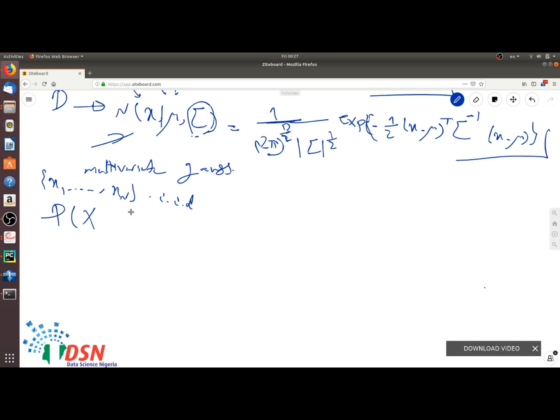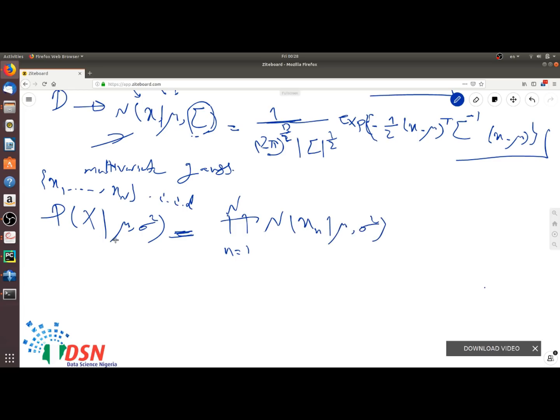If they are IID, it means that they are independent, so we could convert this to a multiplication. We talked about it in the last session. For independent random variables, we could convert this to a multiplication of the probability density functions.